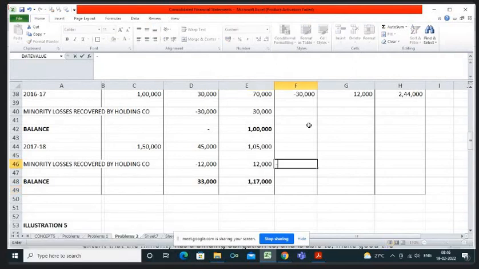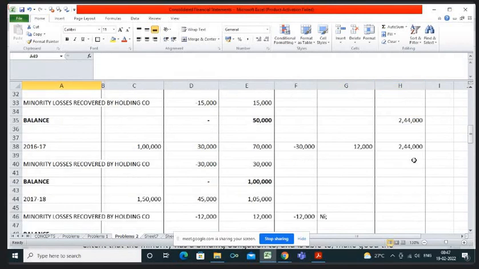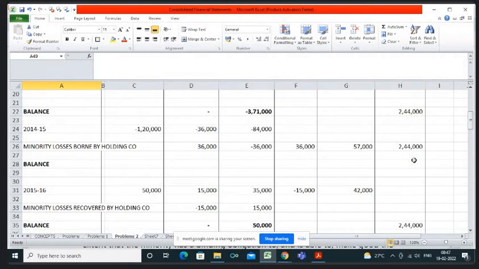Here, 12,000 is recovered for the year, and overall pending for recovery is nil. The cost of control doesn't change; it continues to be 2,44,000. So this is how we do the calculation of minority interest year after year.